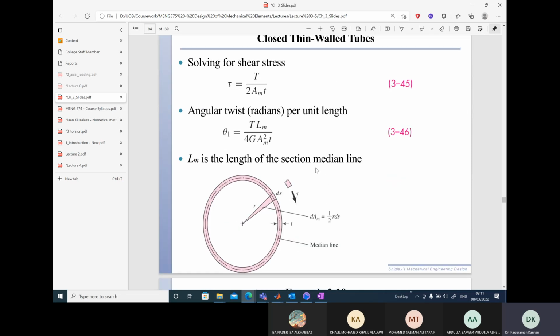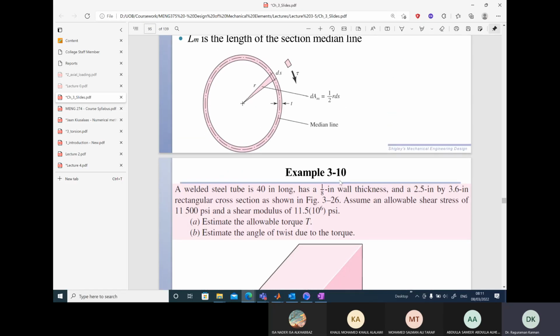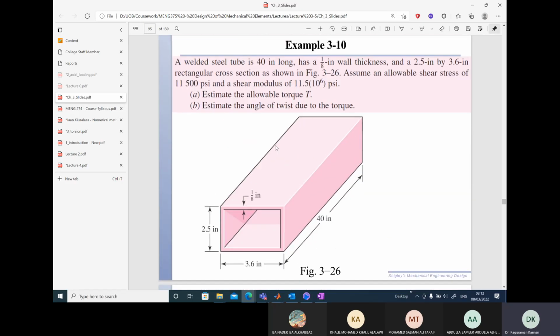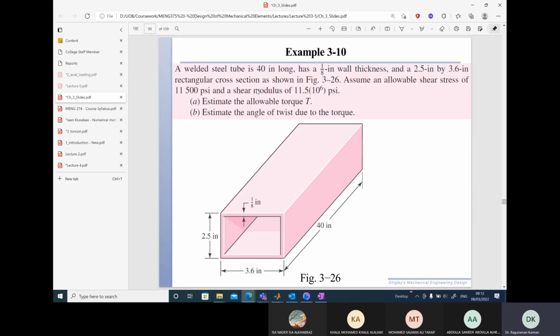One second. Okay, so Lm is the length of the section of the median line. So take the median line. If it is a circular cross section, it will be 2 pi r, depending upon the radius of the median line. Okay, so let's see a simple example on how to use these formulas.